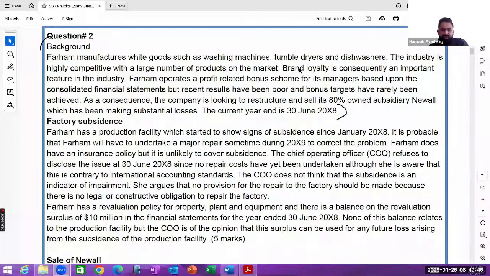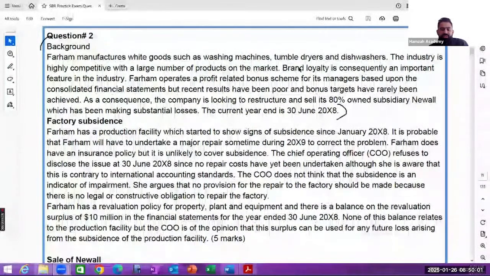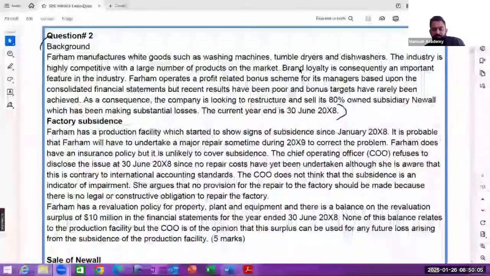Farham manufactures white goods such as washing machines, tumble dryers, and dishwashers. The industry is highly competitive with a large number of products on the market. Brand loyalty is consequently an important feature in the industry. Farham operates a profit-related bonus scheme for its managers based upon the consolidated financial statements.